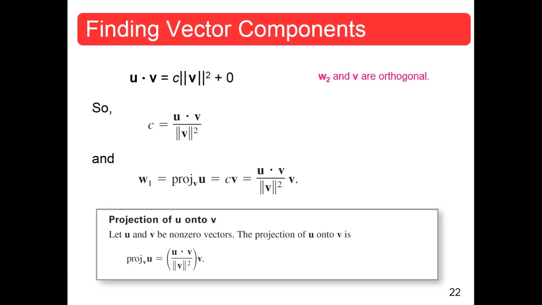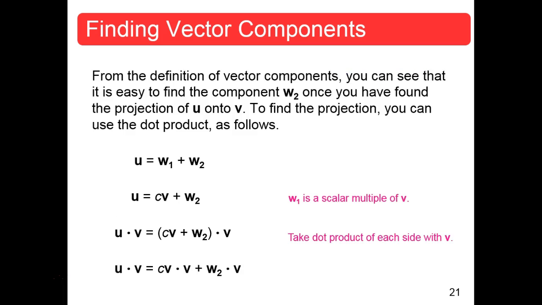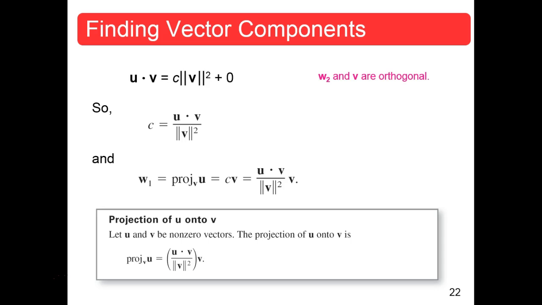So, C, and remember that's the scalar, how much V was scaled up or down to get W1, okay? That would tell you how big that number is. It's simply the dot product divided by the magnitude squared.